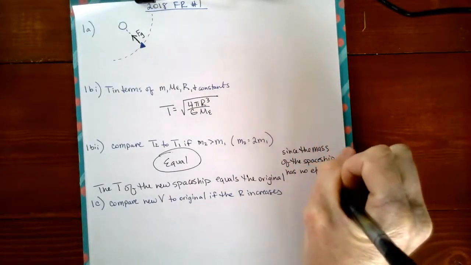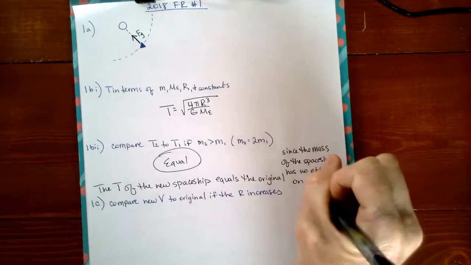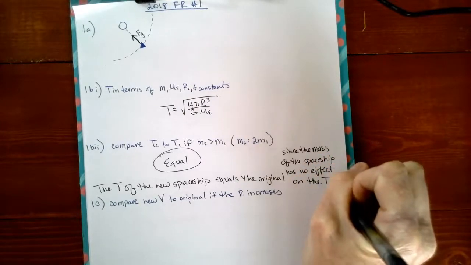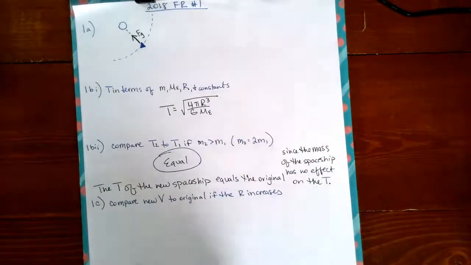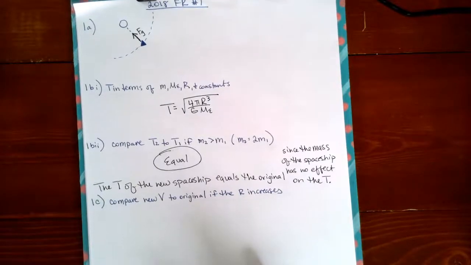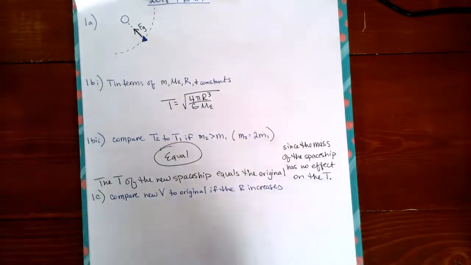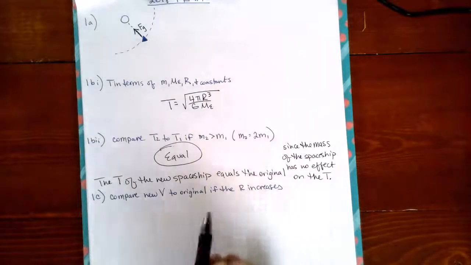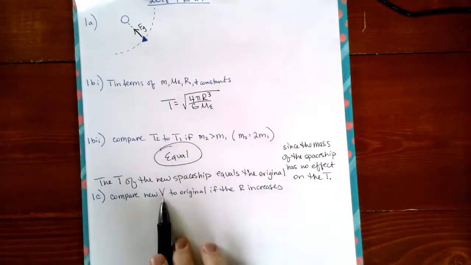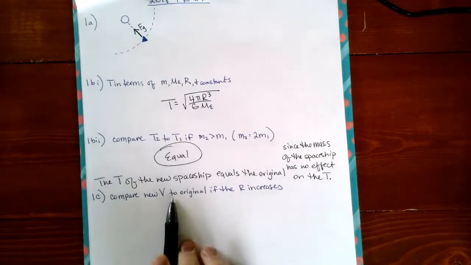And to finish, we bring in another ship, or the original, and it just moves out to a greater radius. The mass and all that is the same, and we're asked to get the new velocity for it, or if it is affected by the increasing radius.